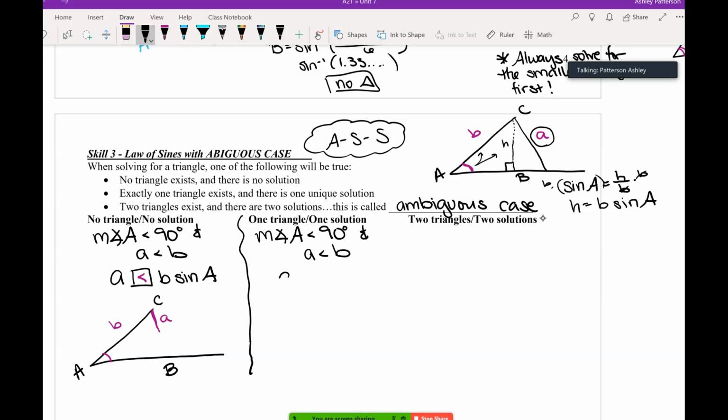If we test the corresponding side against the height, which we know can be represented by the product of the non-corresponding side and the sine of the given angle, and we find that it is equal to the height, that means we are going to have one beautiful triangle. Again, we're given angle A, we're given little b, and little a creates one triangle.